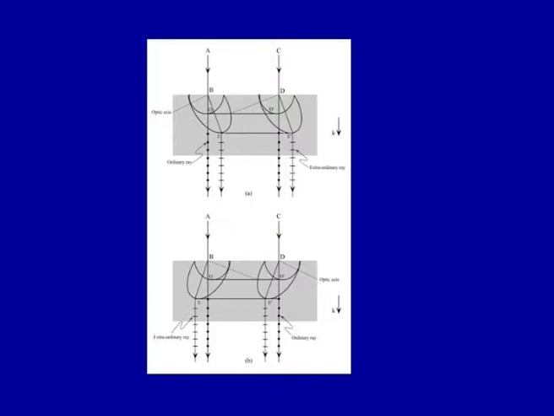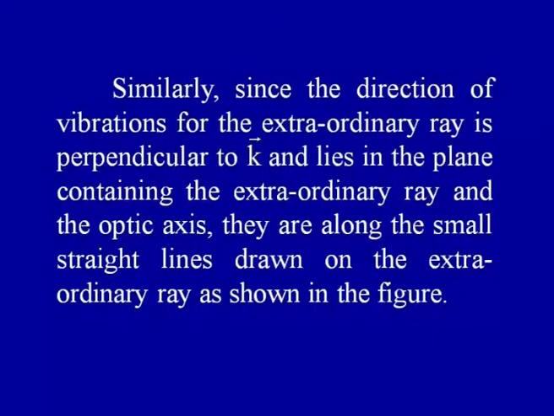For the extraordinary, they are in the same plane and they have been shown by short arrows. The direction of vibration of the extraordinary ray is perpendicular to k and lies, as I pointed out earlier, in the plane containing the extraordinary ray and the optic axis.